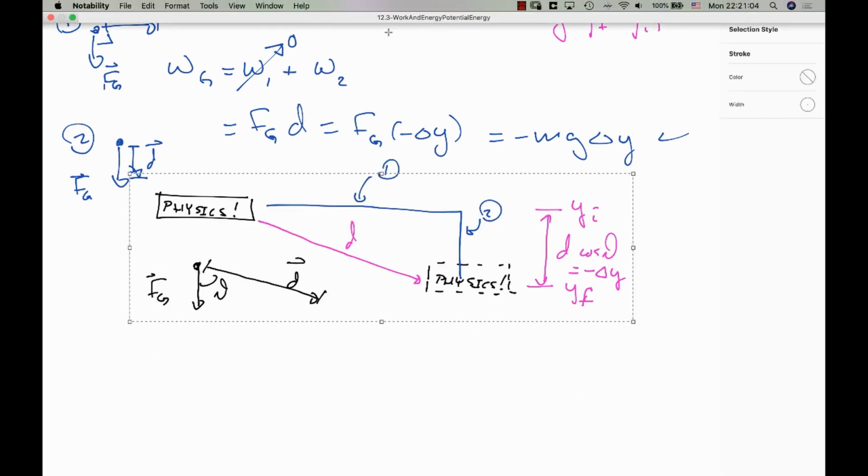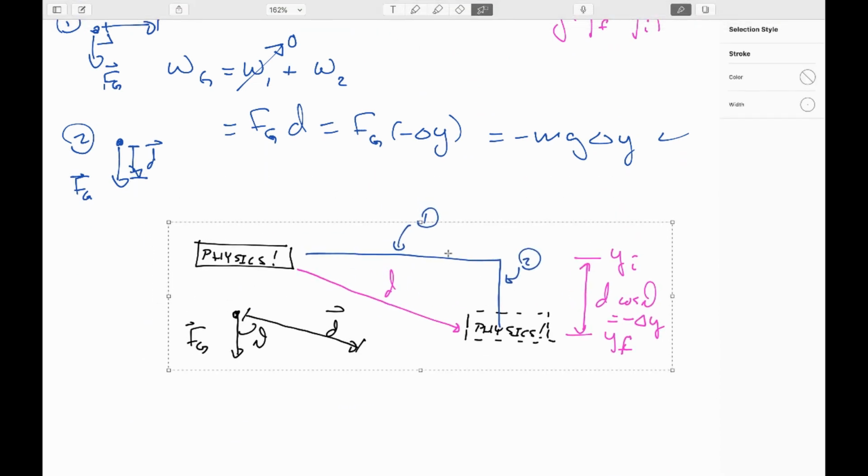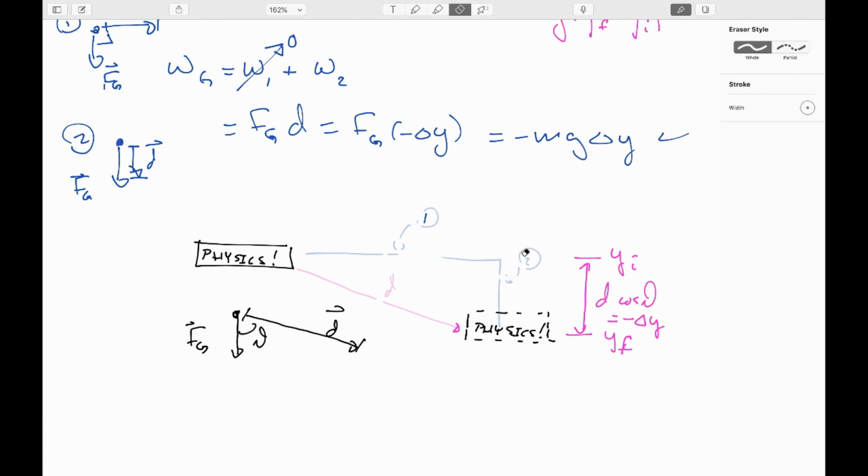Paste. Cool. And let me erase some stuff here that we don't need. There, we got everything.